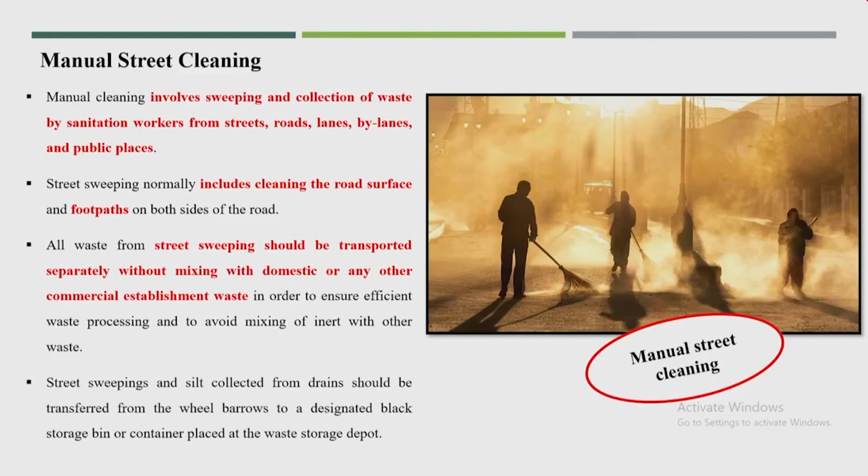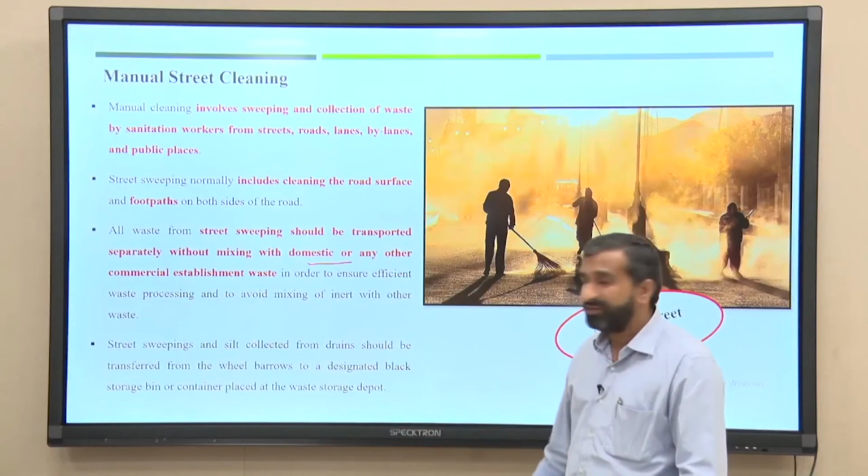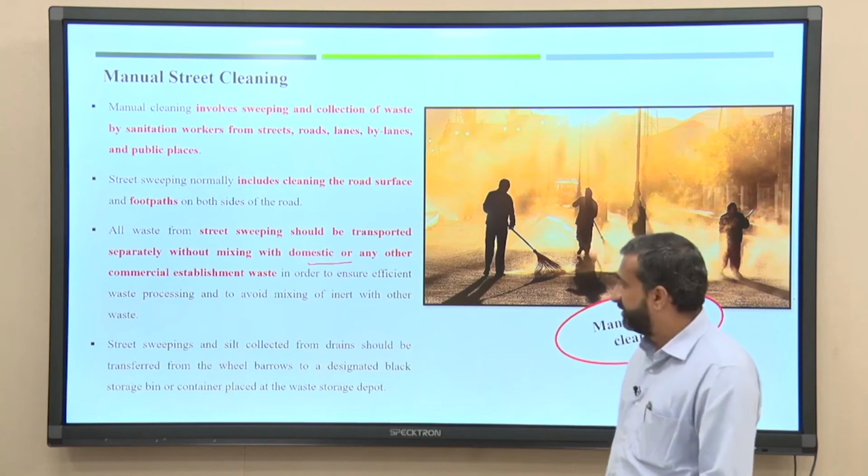This street sweeping waste should be transported separately without mixing with domestic or commercial establishment waste, to ensure efficiency. Whatever waste is collected should not go into the domestic waste, meaning whatever dustbin is provided for domestic waste, this waste should not be mixed into that dustbin.